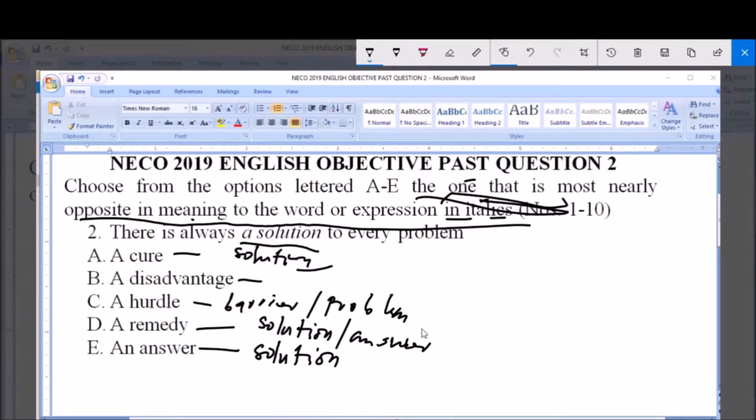So you can see the only option that is different from the list of options provided is option C. So option C is correct. It simply means that there is always a barrier to every problem. The opposite of solution is a barrier or problem.